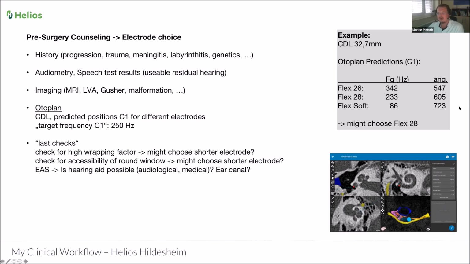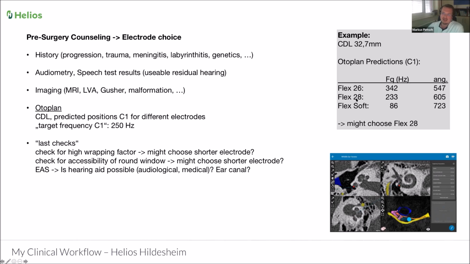If you have this patient, for example, with a 32.7 millimeter cochlear duct length, the predictions for the different electrodes can be given. And in this case, we would look at, for example, the Flex 28, because we want to be at around 250 Hertz.